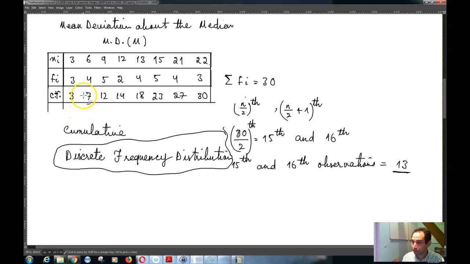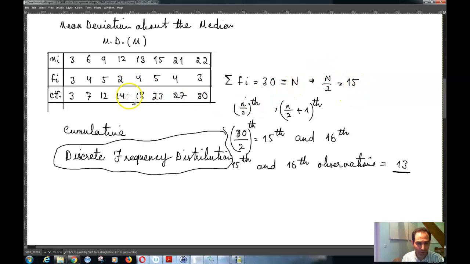Then we identify the observation whose cumulative frequency is equal to or just greater than n divided by 2. Of course you have to go for n divided by 2 because the number of observations, which is sigma f of i, is equal to n. So n divided by 2 is equal to 15.